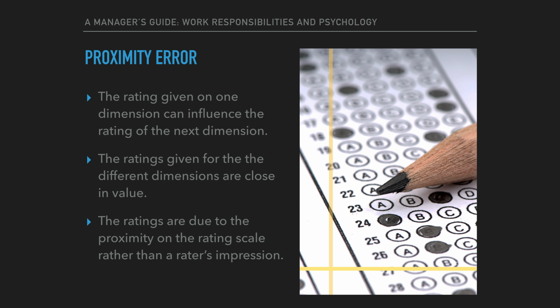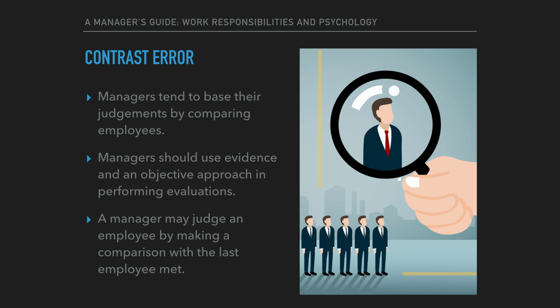So the evaluator seems to rate workers on different dimensions that are physically close to one another on the scorecard, or group the scores so that one dimension is rated close in value to another dimension. So this grouping effect on the scorecard, you have to avoid it, and you have to think of the dimensions separately and perhaps look away from the scorecard as you try to come up with a new score for a particular dimension.